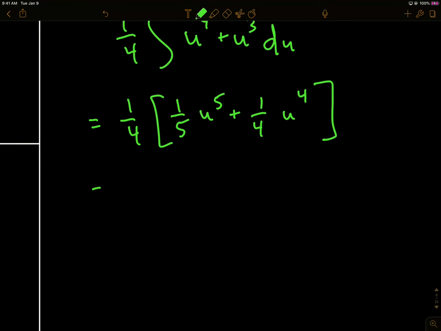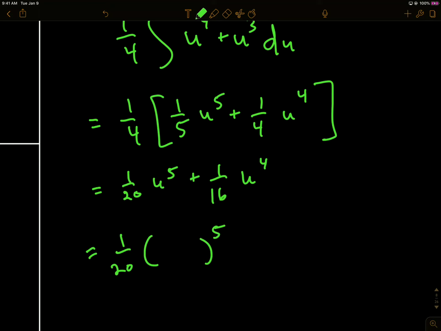You have to then simplify. So we've got 1/20 u to the fifth plus 1/16 u to the fourth. And now how do I get x's back?